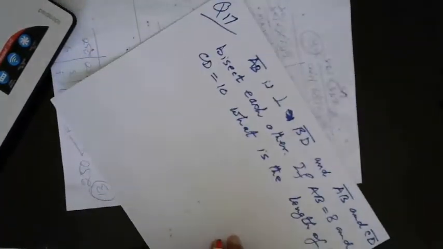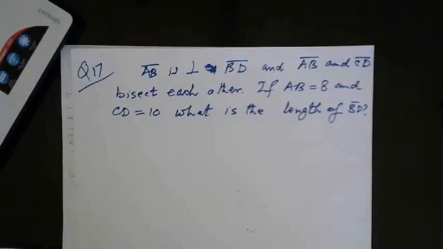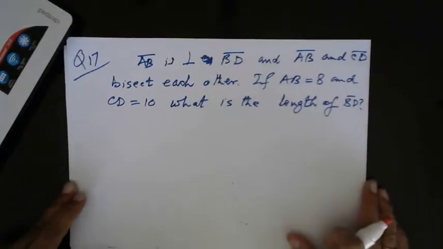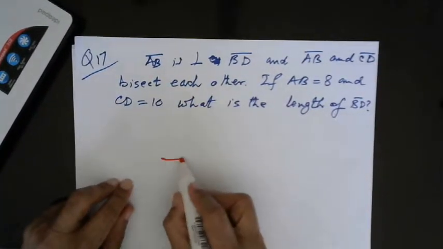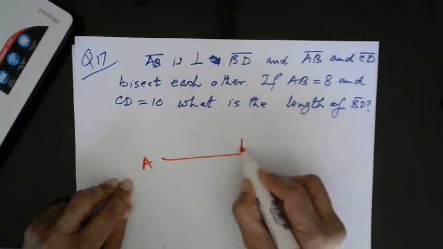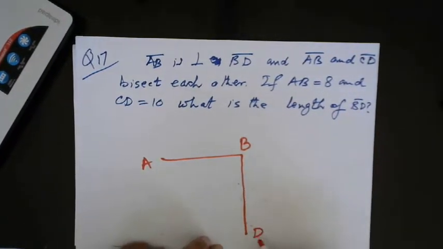Okay. Let us move on to question number 17. AB is perpendicular to BD. Let us draw it. This is AB and this is BD and this is a right angle.